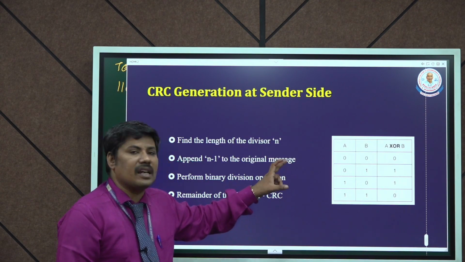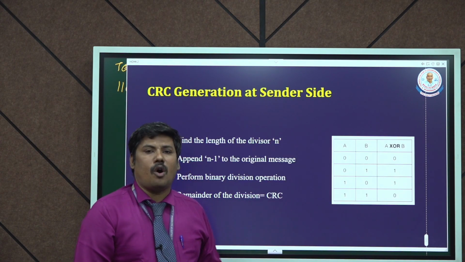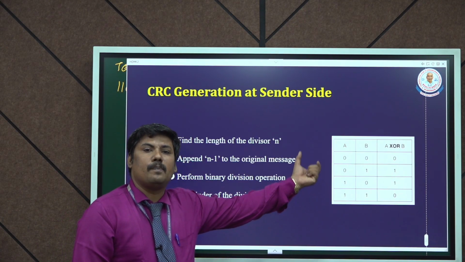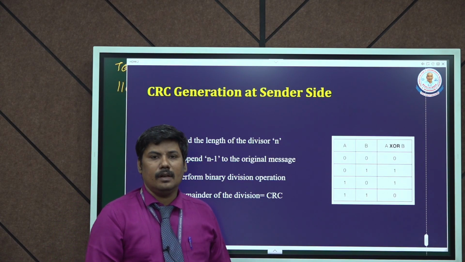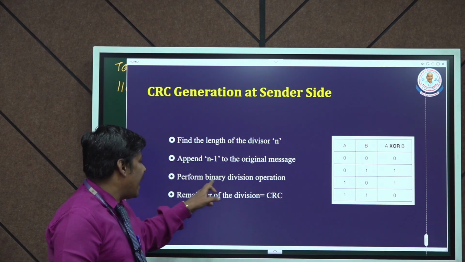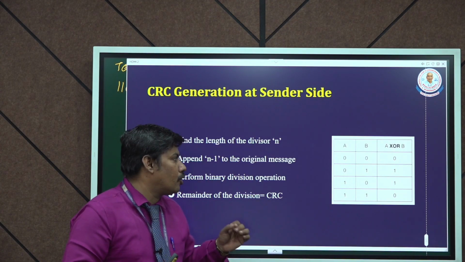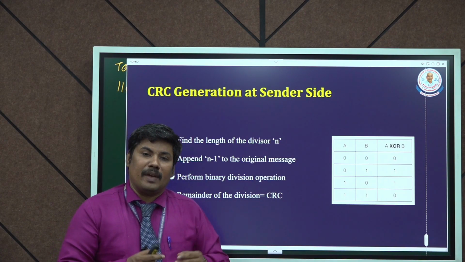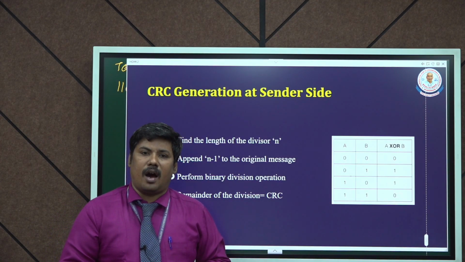If the inputs are the same, it will produce 0 as output. If the inputs are different, it will produce 1 as output in the exclusive OR operation. You may wonder why, for a binary division operation, it is essential to know about exclusive OR. In the following example, you will realize why it is essential to learn about exclusive OR operations.